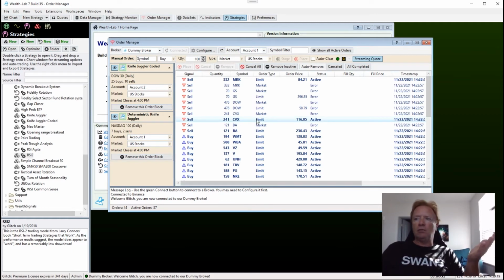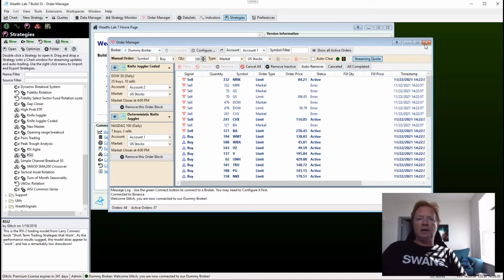So this will now work for just about every broker that we have supported except for Quick at the moment. You'll have to update your broker extension to see this new feature. But there we go, order continuity now in Wealth Lab 7.